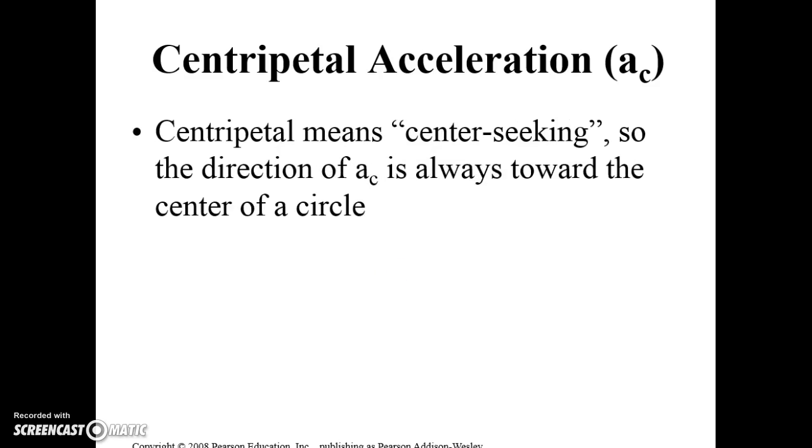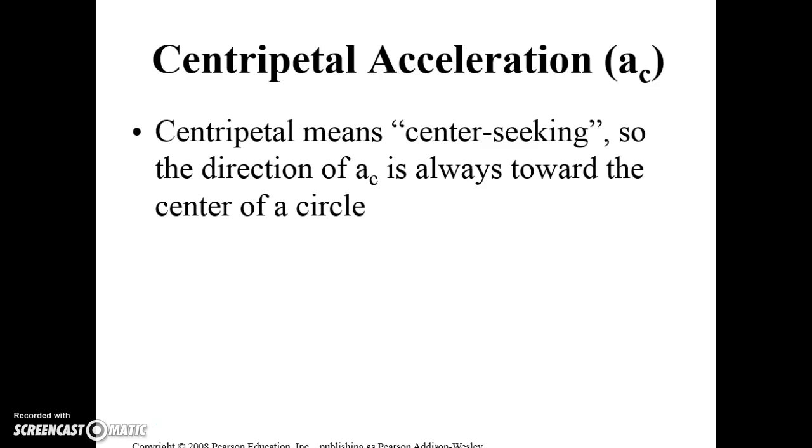When we're moving in a circle, even if we keep a constant speed of, for example, 5 meters per second or 20 meters per second, your direction is always changing, and therefore you are accelerating. We call that centripetal acceleration. The symbol is a with a little c.